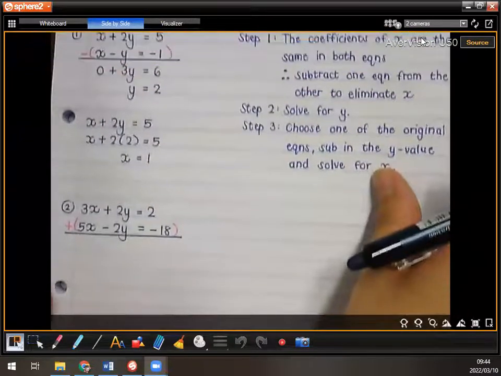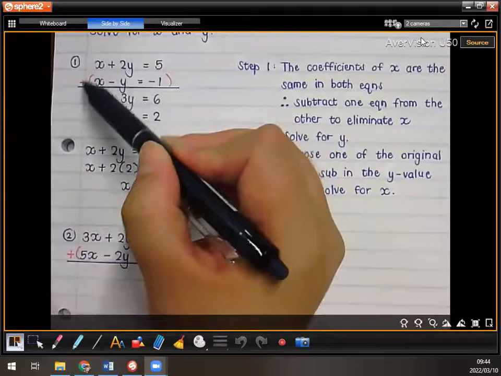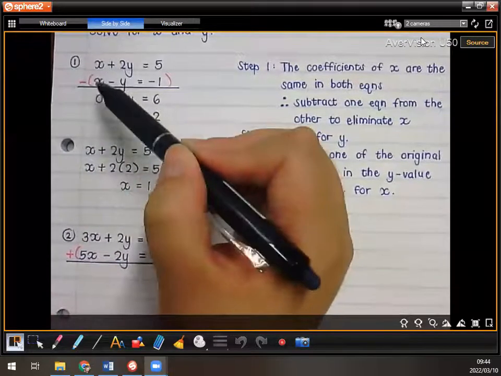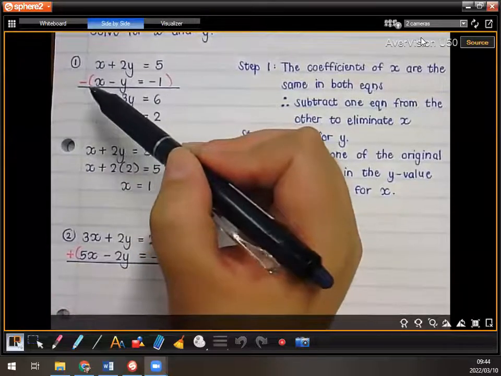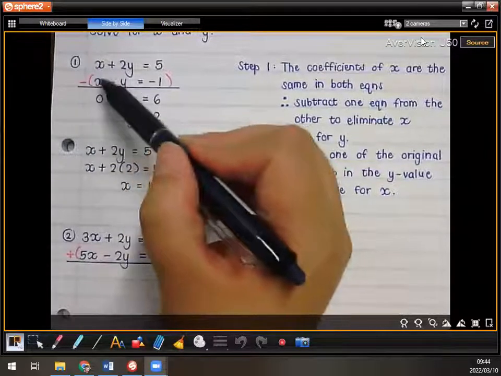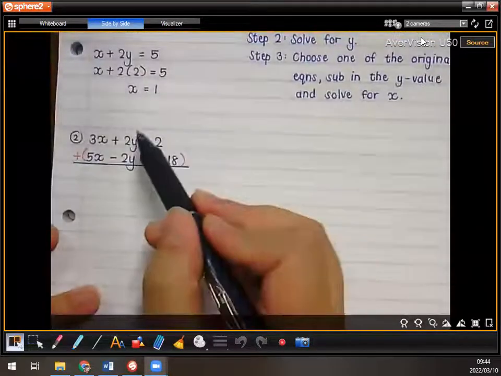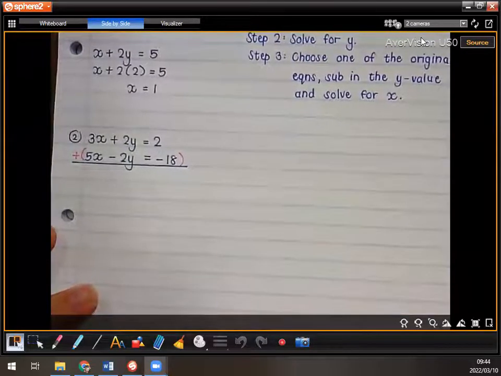In the first equation, we have to minus the second one because I have to basically change the sign of x. I had to have a negative x. I had a positive x. All right, does it make sense why I multiplied this by negative 1? All right, for this one, I don't have to change the signs. The signs are already canceling each other out.